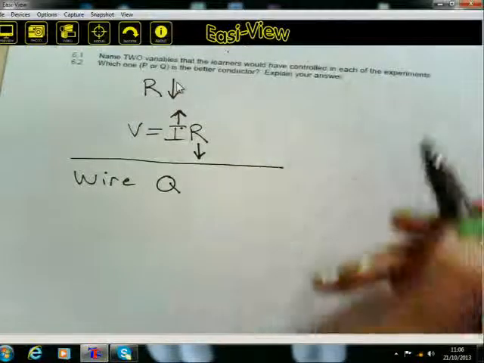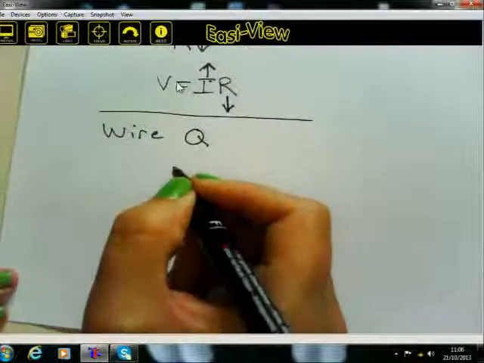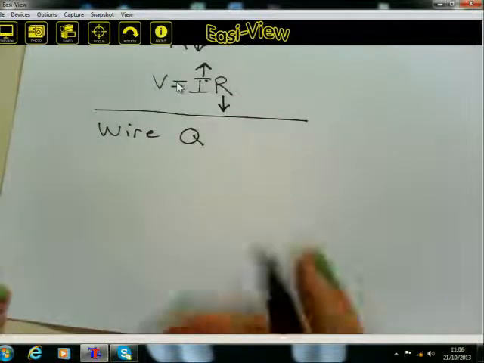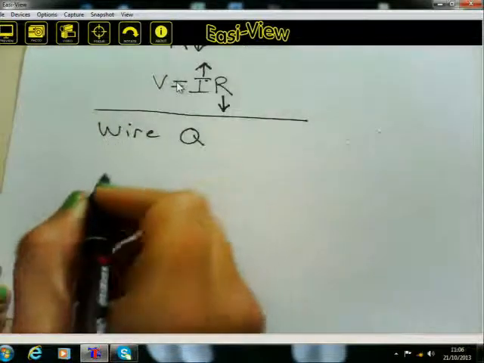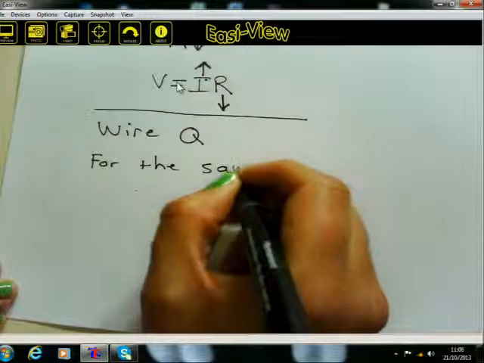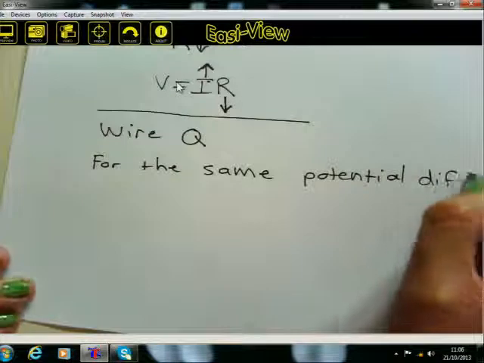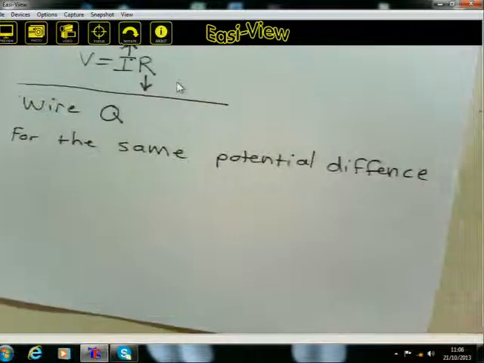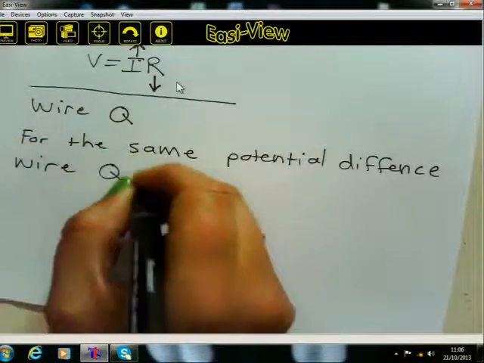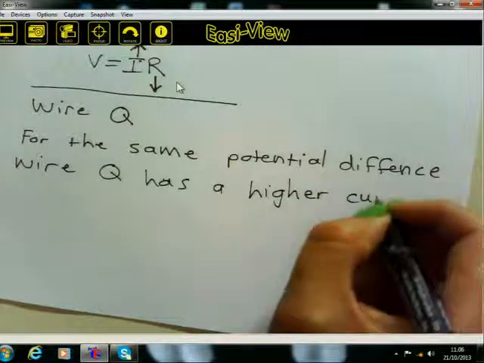And now you will explain your answer. So now you will say for the same, please write full sentences. Don't do this in little arrows and little pictures and stuff. Write full sentences. So you are going to say, for the same potential difference, wire Q has a higher current.